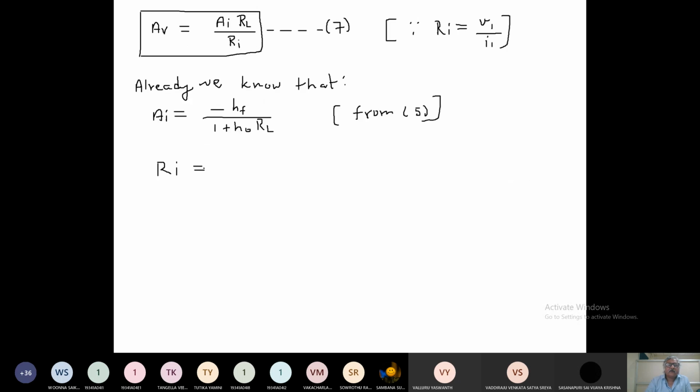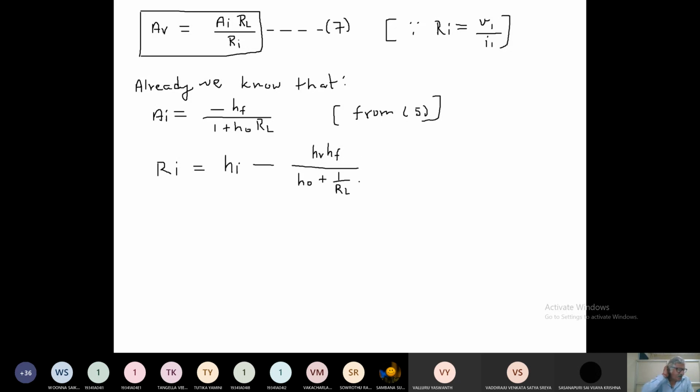So this we can write here, Ri is Hi minus HR HF by H naught plus 1 by RL, right?